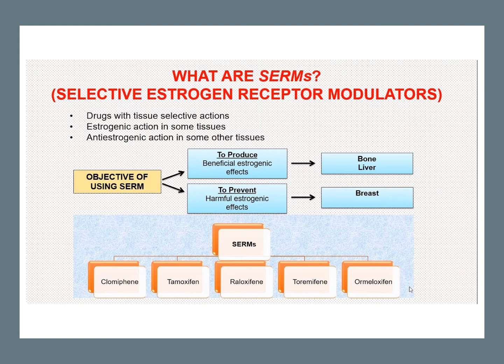So we're just taking advantage of whether it's an estrogen stimulator or estrogen blocker in the particular tissue that we want to treat. We're going to talk about raloxifene because it stimulates and protects bone from breaking down.